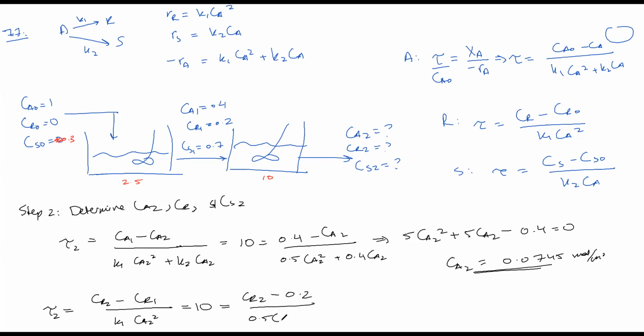CA2 I just calculated here, 0.0745 squared. And you can use this to calculate the CR2 of 0.227 moles per meter cubed. You repeat the process for CS2, but using the performance equation of CS, and you should get a CS2 of 0.998 mole per meter cubed. Verify you're able to do this. If you're having a hard time, come to office hours and we'll do it together, okay?